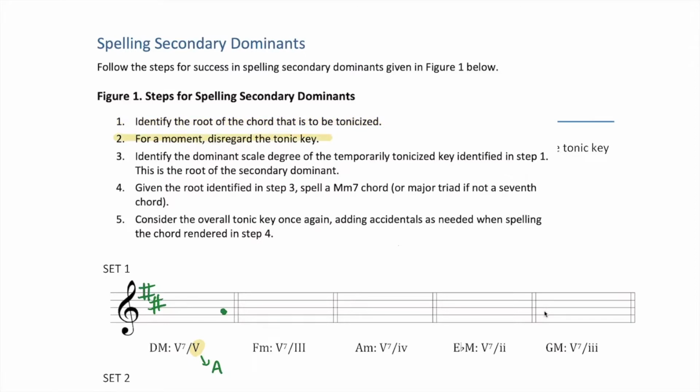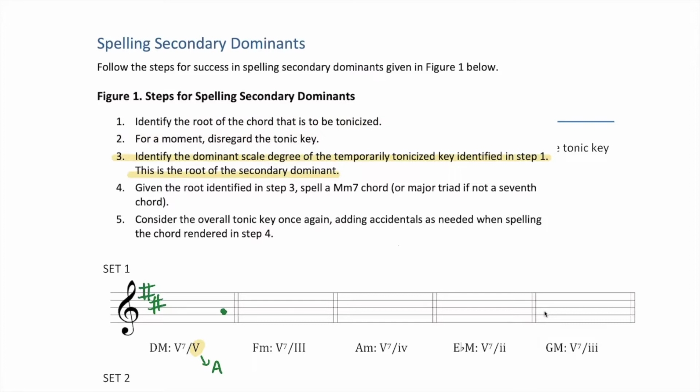Step 2, we're going to forget about D major now for a moment. We really want to think in the world of the chord that we're tonicizing, which in this case is going to be in the key of A. Step 3 leads us to identify the dominant scale degree of the temporarily tonicized key.